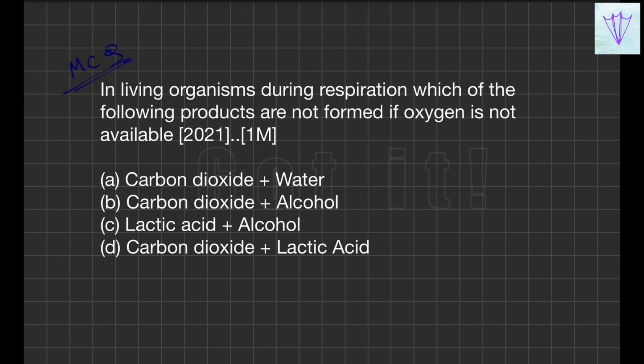The next question is an MCQ question. In living organisms during respiration, which of the following products are not formed if oxygen is not available? It is important to note that they are asking which is not formed, and if oxygen is not available.